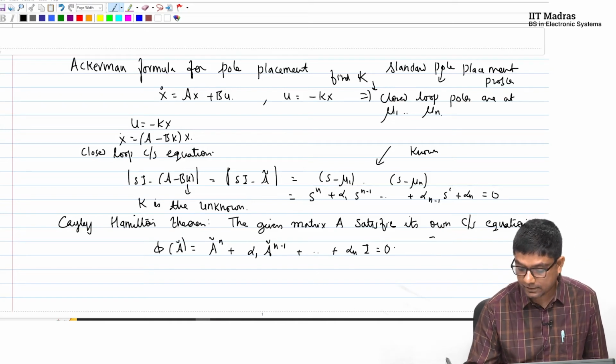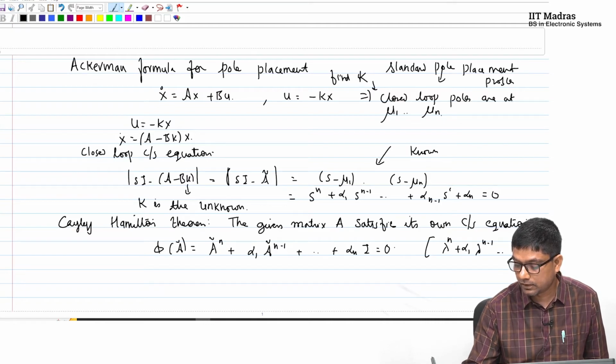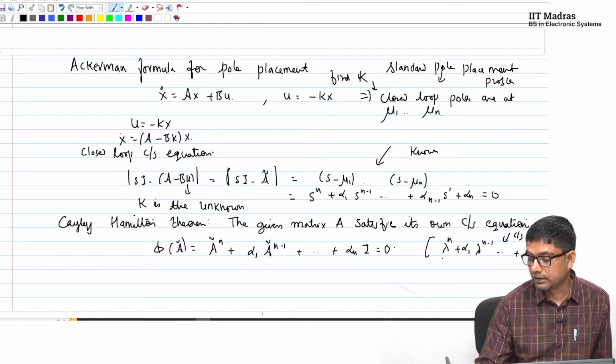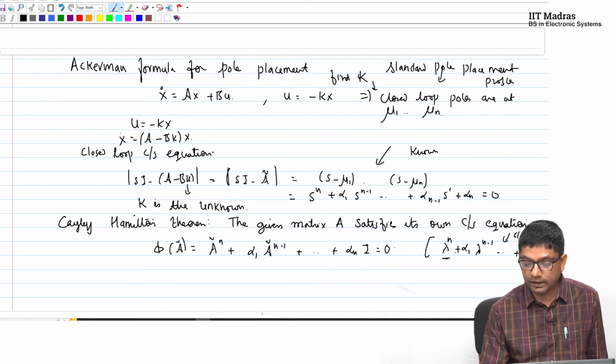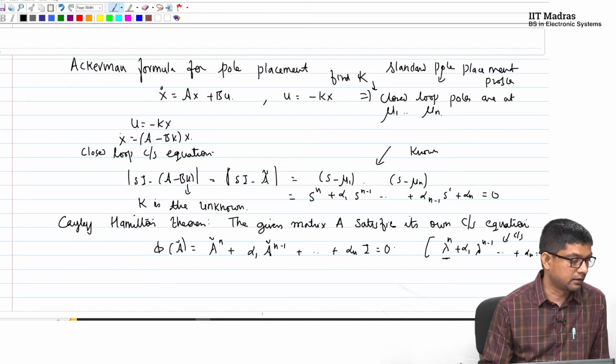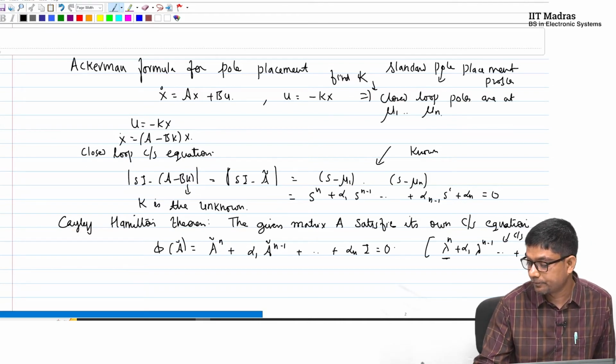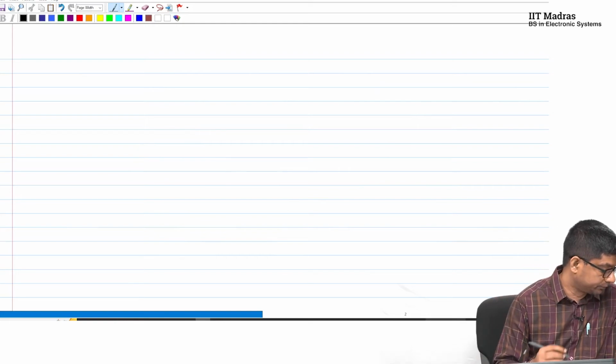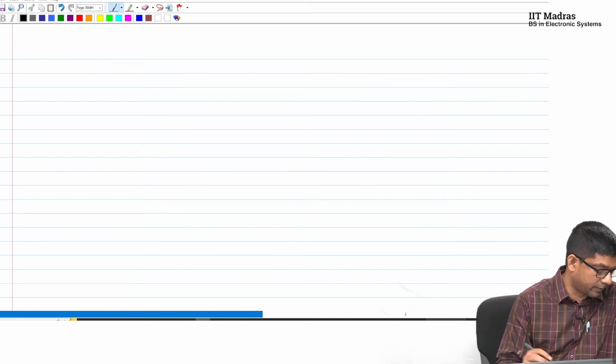What is the standard characteristic equation? We are just looking for lambda to the n plus alpha 1 lambda to the n minus 1 and so on. To take out the lambda and put in A, it will still satisfy its own characteristic equation. Okay, so let us come back to the problem at hand.